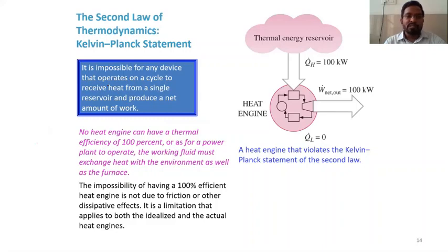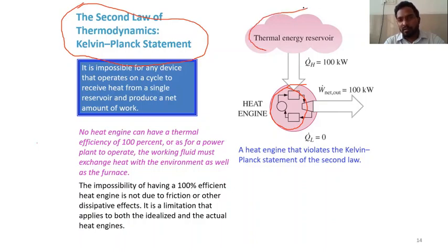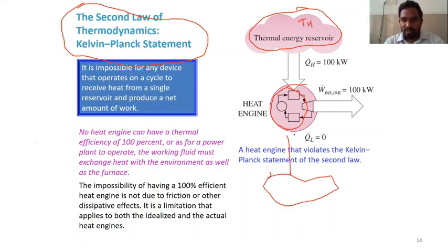Okay. So next thing we talked about is one of the statement of second law of thermodynamics, that is Kelvin Planck statement. It deals with the heat engine. Now we know that whenever there is a heat engine, it is supposed to interact with one thermal reservoir that is going to be at higher temperature compared to another thermal reservoir that is going to be at low temperature.